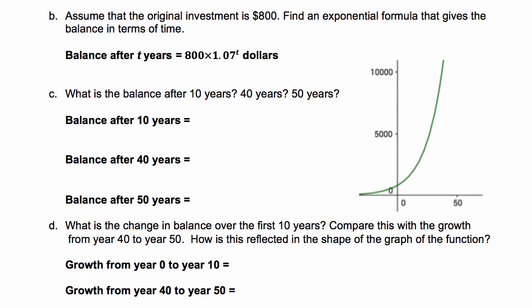Part C. What is the balance after 10 years, 40 years, and 50 years? To find each of these balances, we will use the formula above with these values substituted in for t. The balance after 10 years is 800 times 1.07 to the 10. Using my calculator, I get that this is approximately $1,573.72.